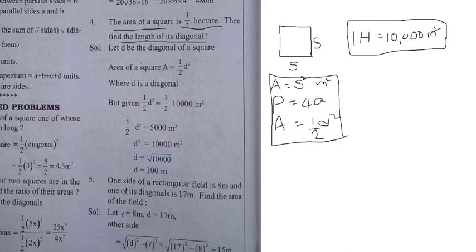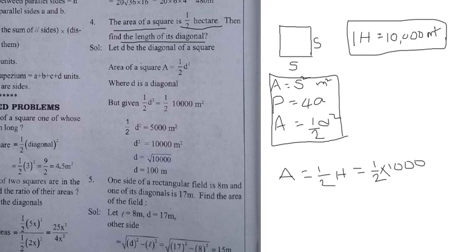They are asking for the diagonal. Now area, they gave that the area of a square is half hectare. So here area is equal to how much they gave? Half hectare. Yes or no? But I know that 1 hectare in terms of meters is 10,000, with 4 zeros.